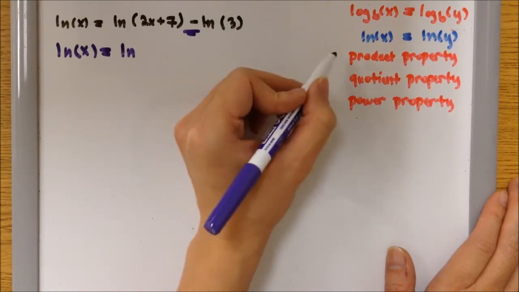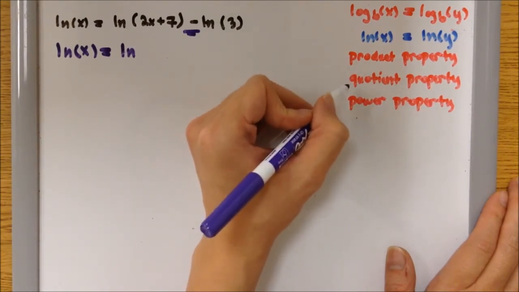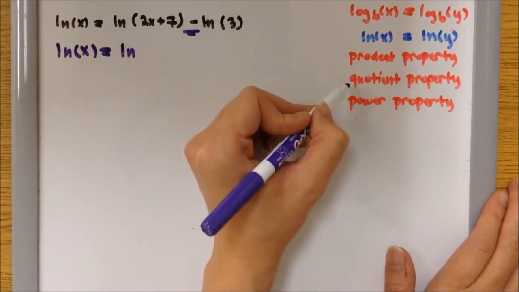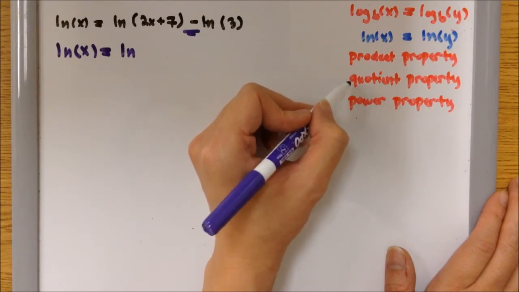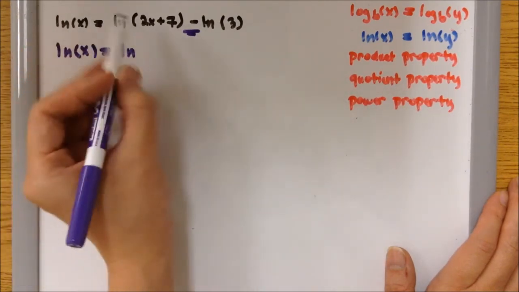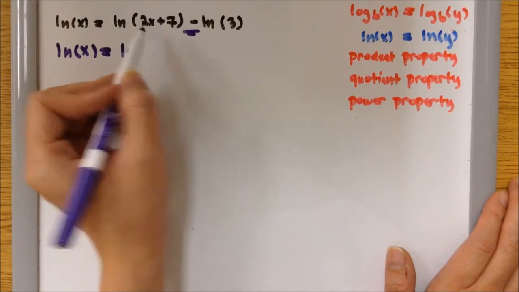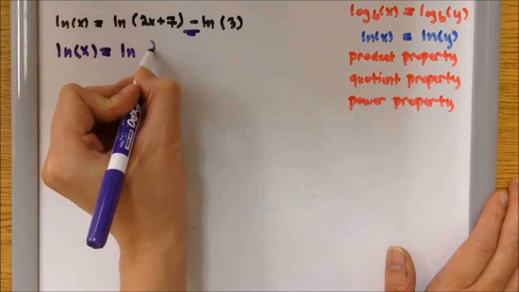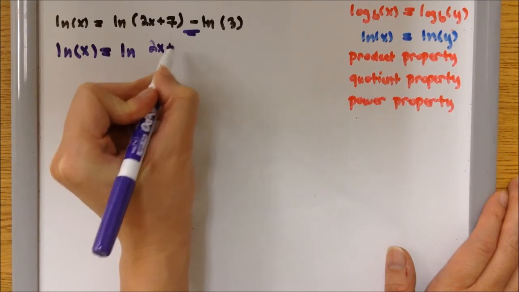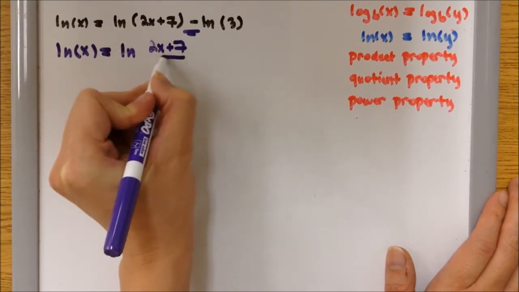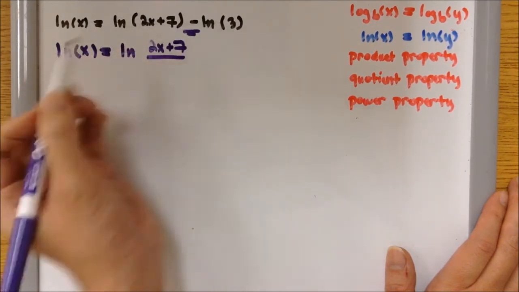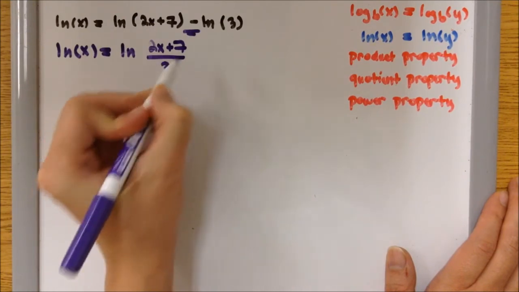So the only property that involves minus is the quotient property. So what's going to happen is it's going to be a fraction inside a parenthesis. So what comes first on my right side is the numerator, so 2x plus 7. And then what comes second is the denominator, so 3.